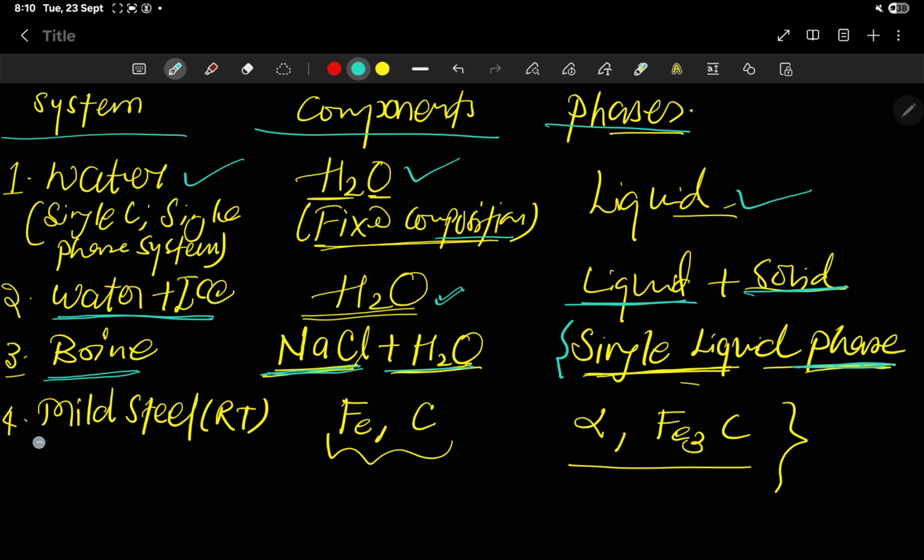And fourth we have mild steel. At room temperature the components will be iron and carbon, and the phases will be alpha and Fe3C. This is called cementite, and alpha iron is called ferrite. We will explore it soon.